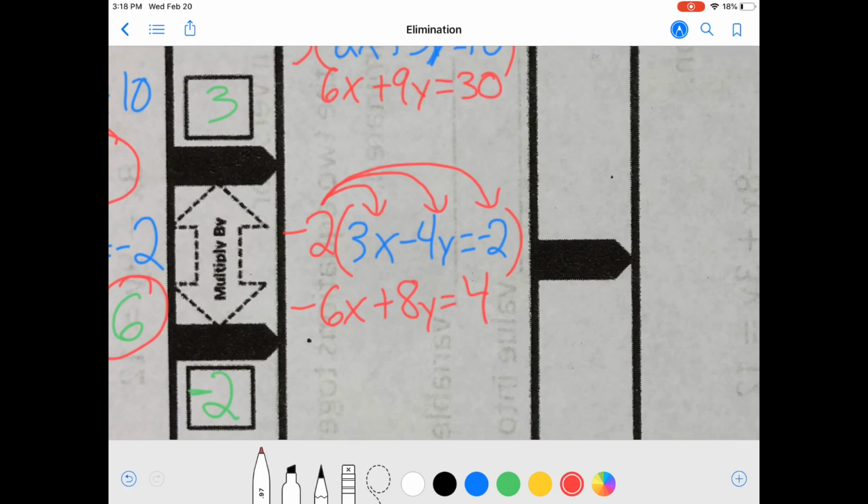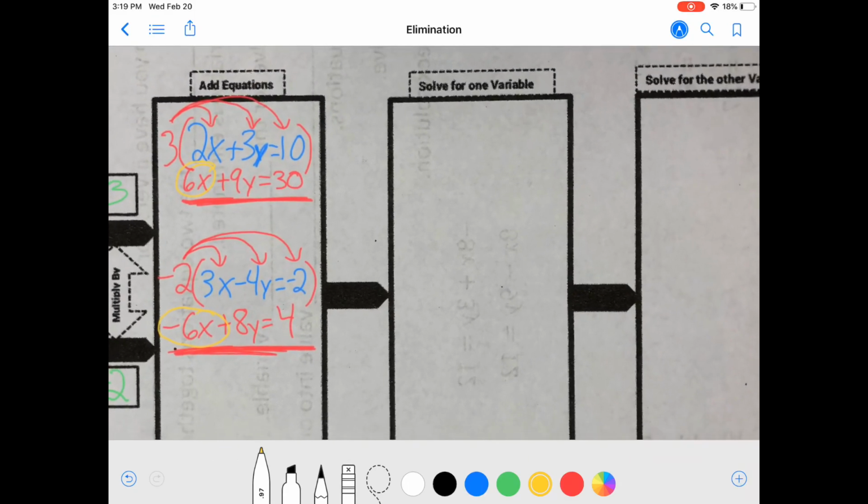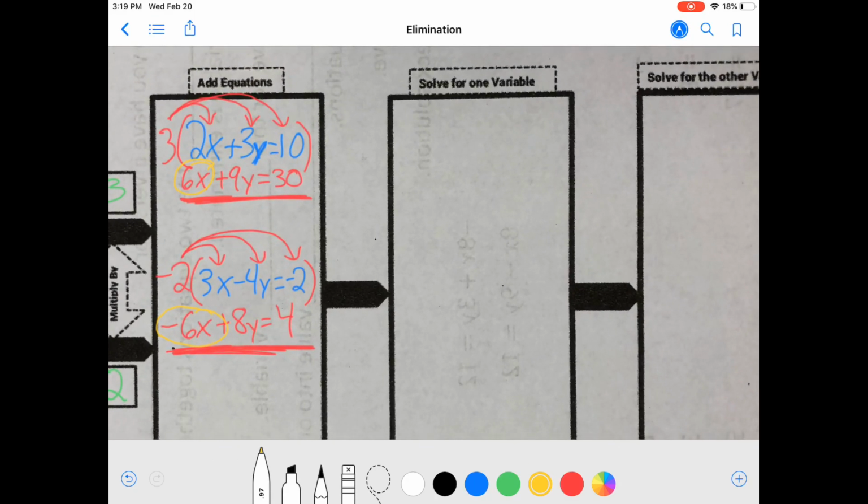Now looking at our 6x plus 9y equals 30, and negative 6x plus 8y equals 4, we do have our inverse terms, so we can add it. It's going to be that negative 6x and that positive 6x. So to solve for one variable, we're going to add the equations.